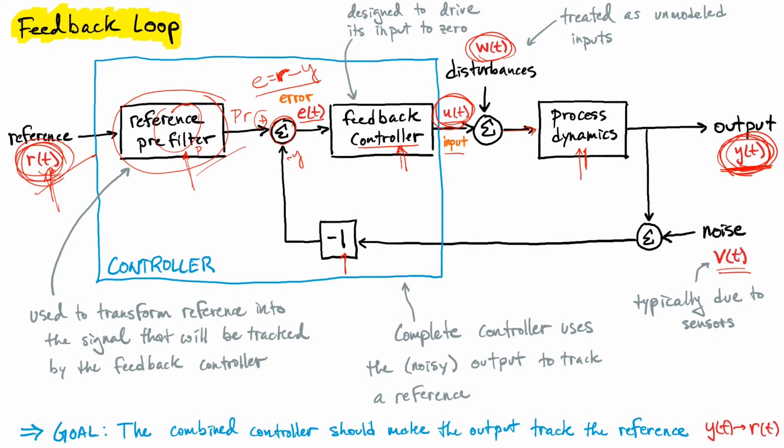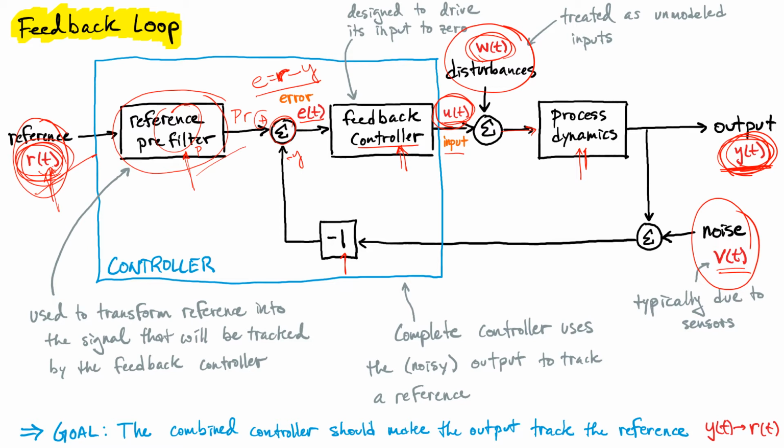And if you think about what's being specified, we have a signal that's being specified, that's the reference. We have a signal that we don't get to control, that's our disturbances. And we have a signal that is the sensor noise. And so we have all three of those terms.